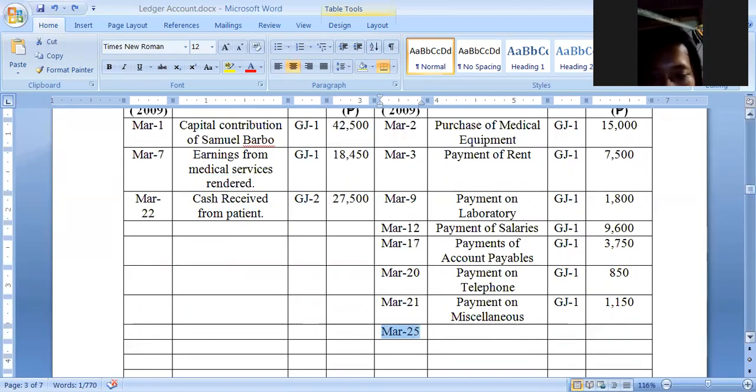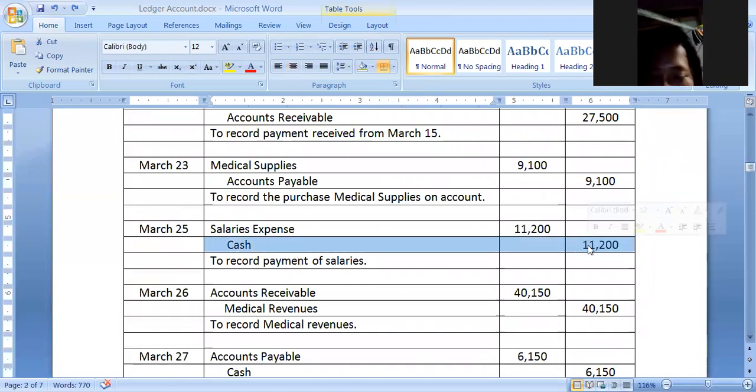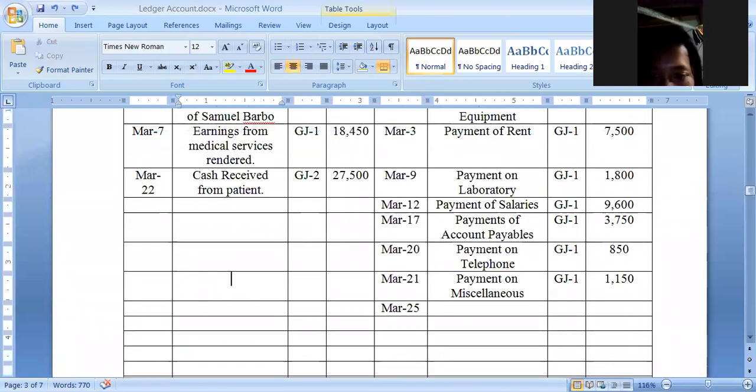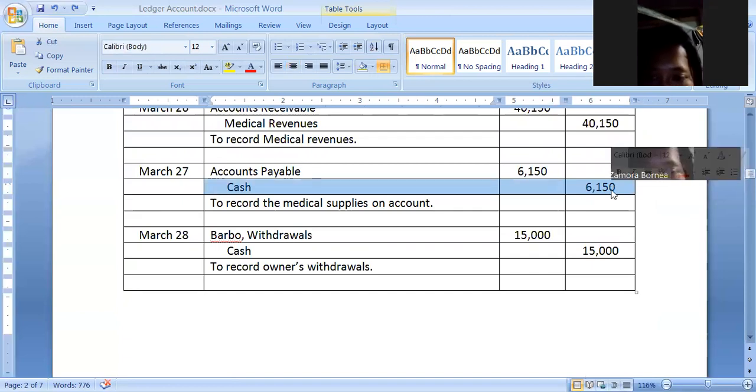March 25. About the journal entry, our cash here is credited, which is 11,200. The salaries expense. The payment of salaries. General journal, page 2. 11,200. March 27. Let's go back to journal entry. Our cash is credited, which is 6,150. Accounts payable.